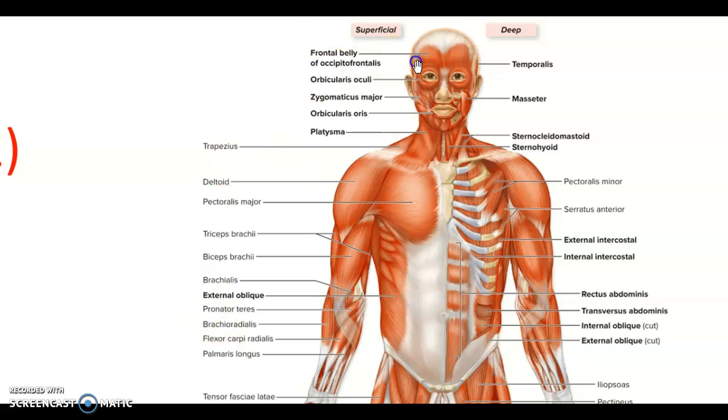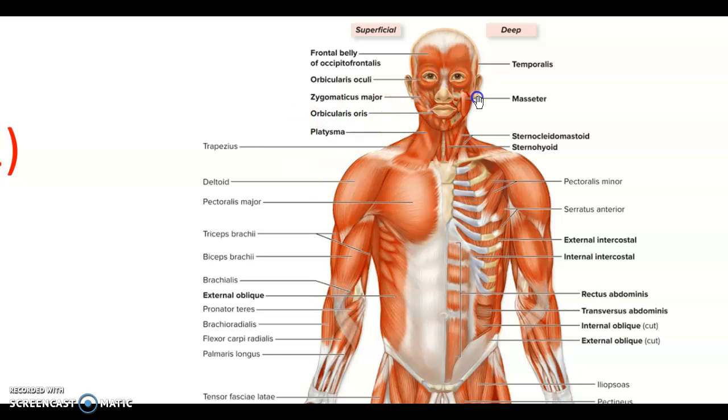But here's the occipitofrontalis muscle, right? This makes sense because this is occipital, and then part of the frontal lobe. Orbicularis oculi, because it's around the eye orbit. Zygomaticus, right? Because the zygomatic arch is in this area.